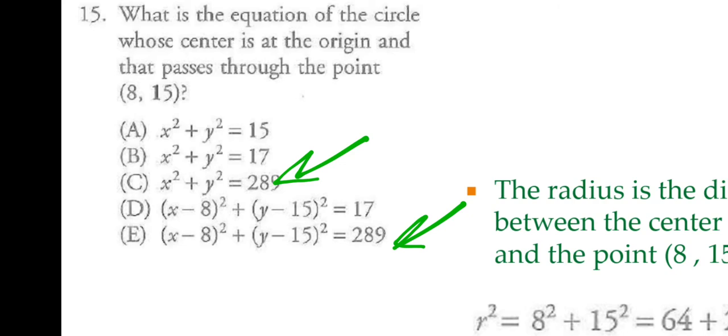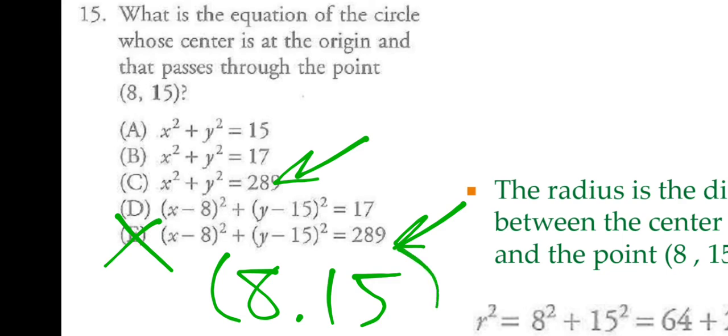One of them is x squared plus y squared and the other is with 8, 15. Now definitely we will eliminate this one. Why? Because this equation implies that the center of the circle is 8, 15, which is different from what the question states, that the origin is at 0, 0. So the correct answer is C.